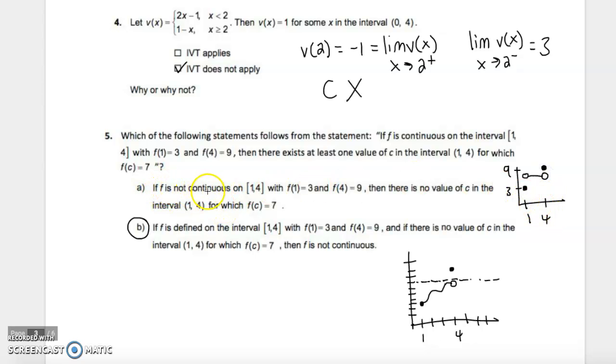So f is not continuous on 1 to 4, f of 1 equals 3, f of 4 equals 7. They're saying as long as this stuff is true, there can't be a value of c for which f of c equals 7. But we just showed that that's a possibility, right? I have the points, and I have my function not being continuous, but I definitely can hit 7 in a bunch of different ways. So this statement might be true, but it doesn't necessarily have to be true, which is what separates it from B. B 100% has to be true.